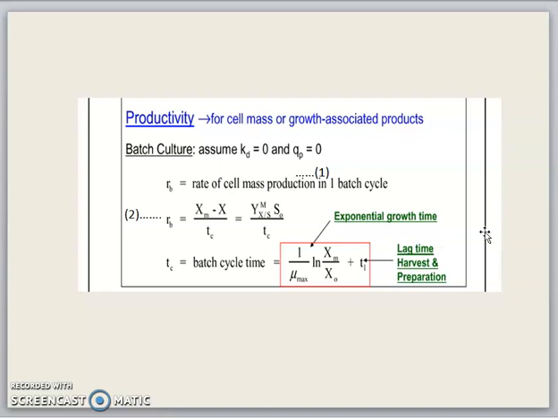You can determine this RB by using the equation (Xm minus X naught) over tC, which is also equivalent to Yxs, the yield coefficient, times S naught over tC. tC is the batch cycle time, which can be determined from 1 over mu max times ln Xm over X naught plus tL. tL is the lag time for harvesting and preparation.